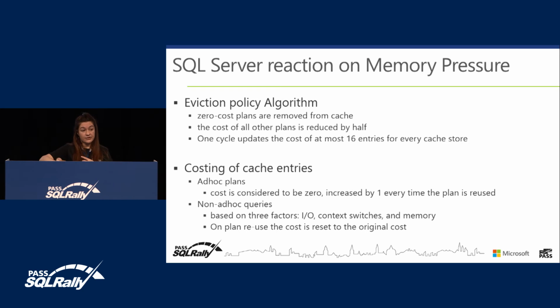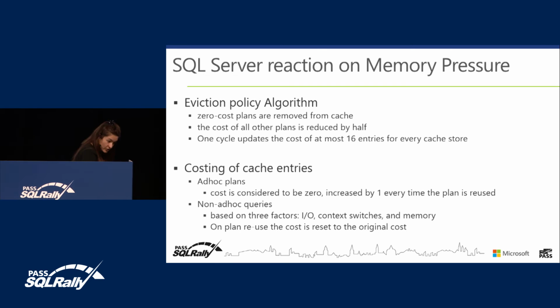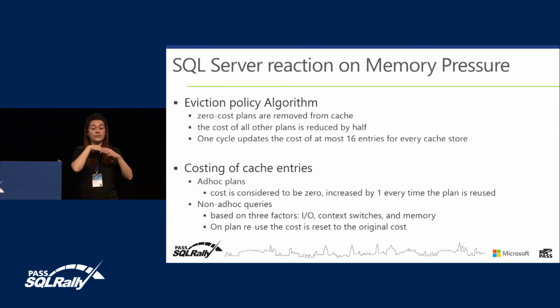One cycle of the eviction policy algorithm removes about 16 entries from the cache and reduces the cost of other objects in the cache by half. That's why it takes several cycles to reduce the memory that is used by the particular plan cache or cache store.